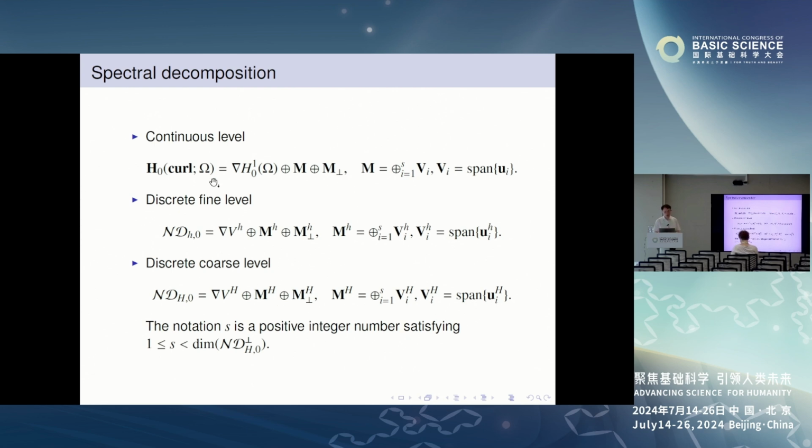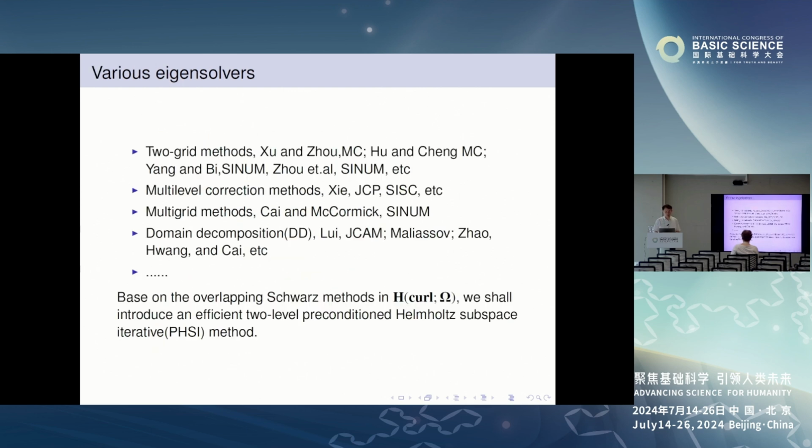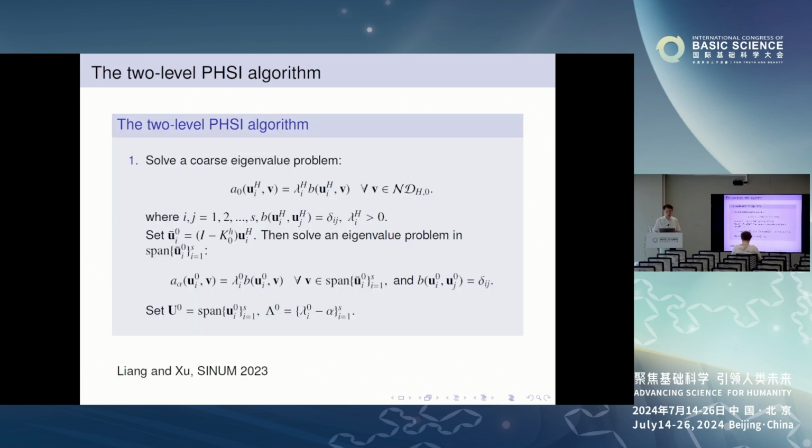With this spectral decomposition and these spectral projectors, there are lots of eigensolvers, which I won't show too much. For second order problems, there are two-grid methods, multilevel methods, and multigrid methods for eigensolvers. Now this is the two-level parallel Helmholtz subspace iteration algorithm.